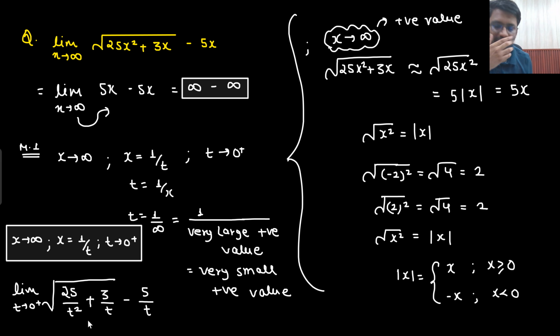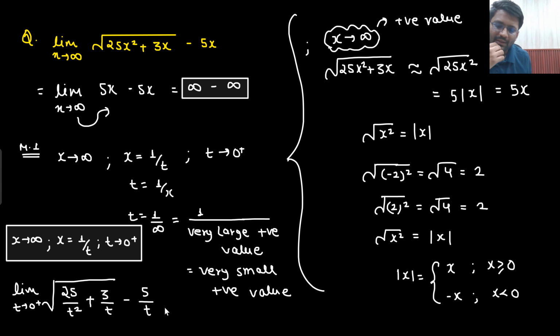So 25, what will this become? This will become, if I take t square common, 25 plus 3t. So limit t tending to 0 plus. Now I will take the LCM t square, that will become under root 25 plus 3t, and downward there will be under root t square.